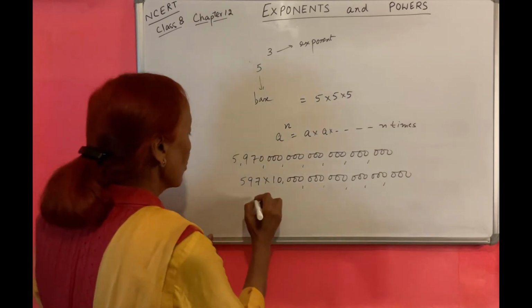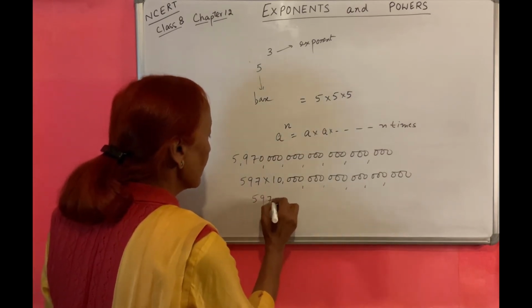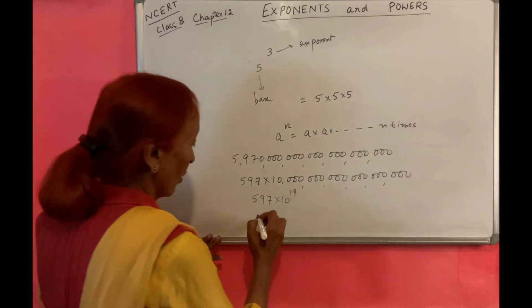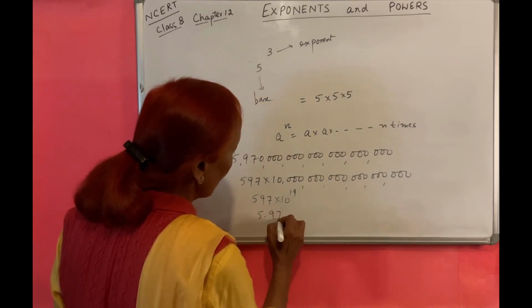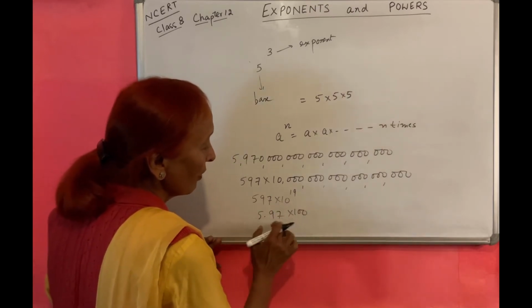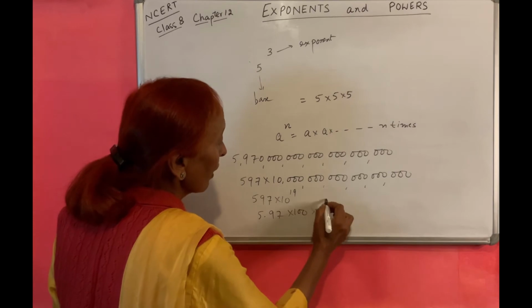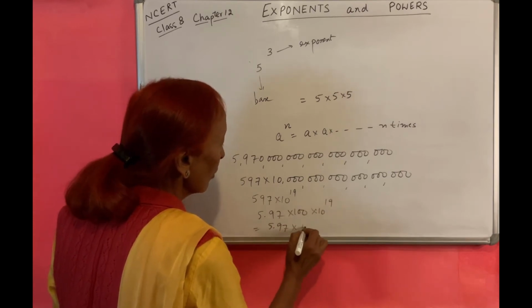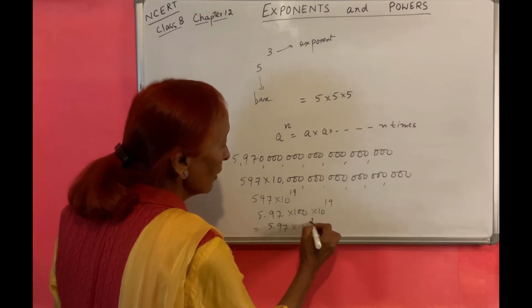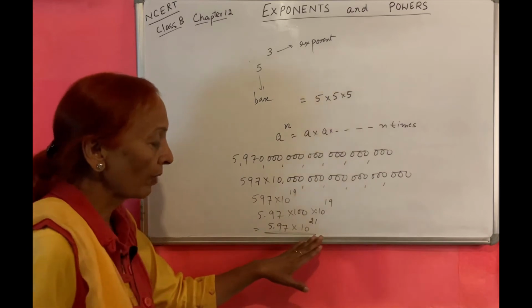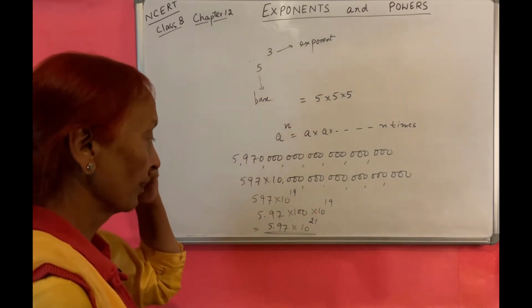So I can write this number as 597 into 10 raised to power 19, or if I write 5.97, I will have to multiply by 100, so it is 5.97 into 10 raised to power 21. This much is the mass of earth in kilograms.